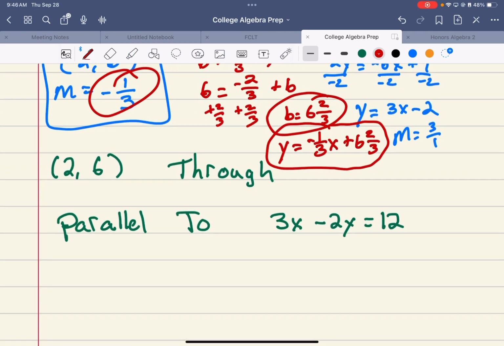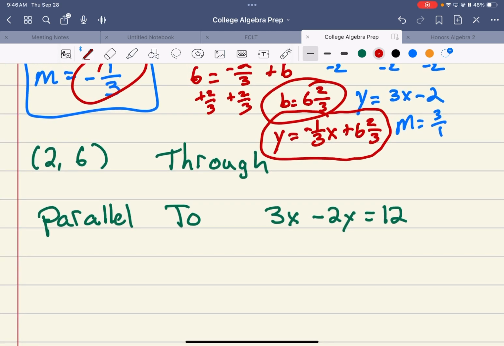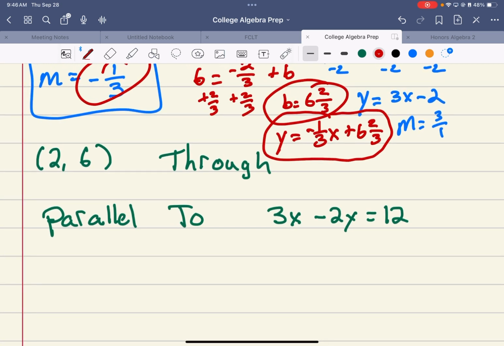I'm going to have you do this one on your own. Going to go through the point 2, 6 again, but this time our new line is going to be parallel to 3x minus 2y equals 12.